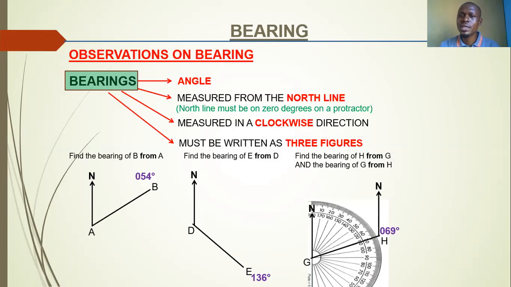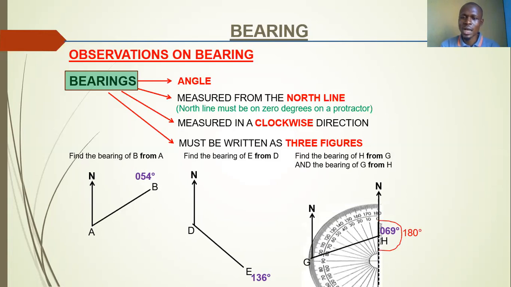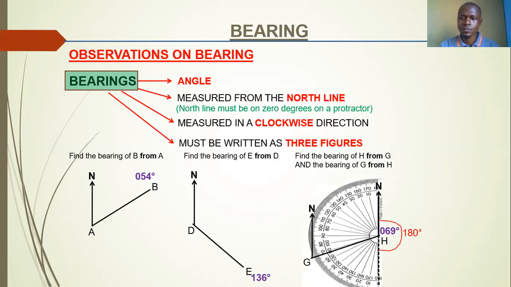For you to now get the bearing of G from H, you have to go back to H. And going back to H, you get your straight line from the north pole. That will give you 180 degrees. And once I give 180 degrees, you now go back to the south and rotate it clockwise. You have 68 degrees.